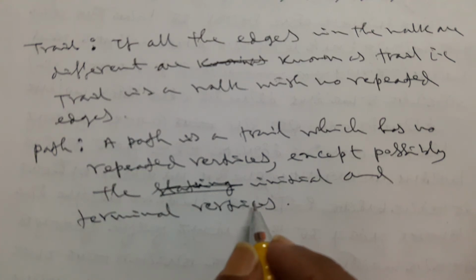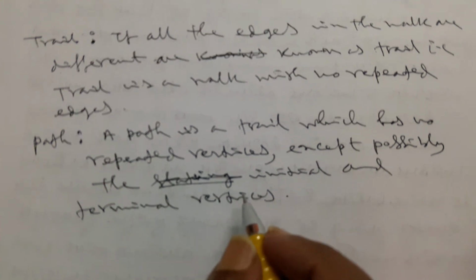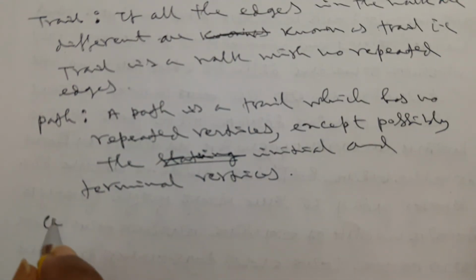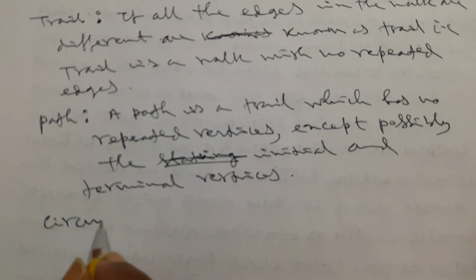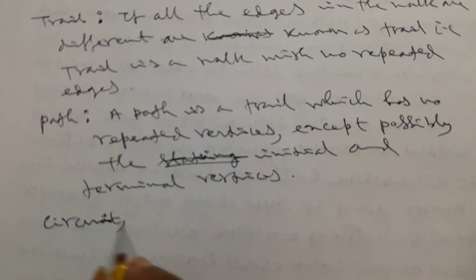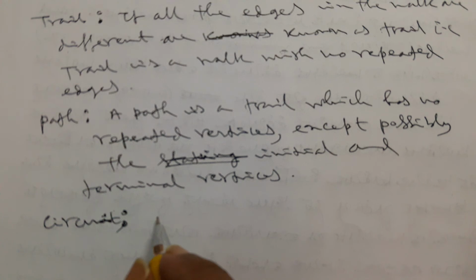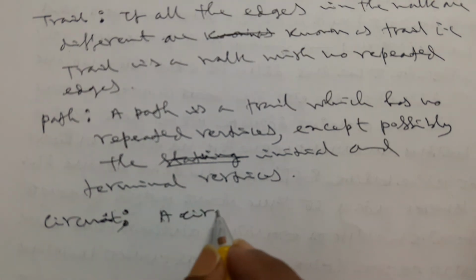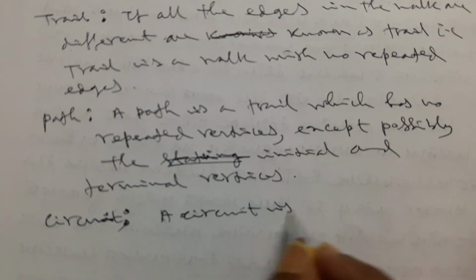And now if we consider the circuit, what is a circuit? A non-trivial closed trail is called a circuit. That is, a circuit is a non-trivial closed trail.